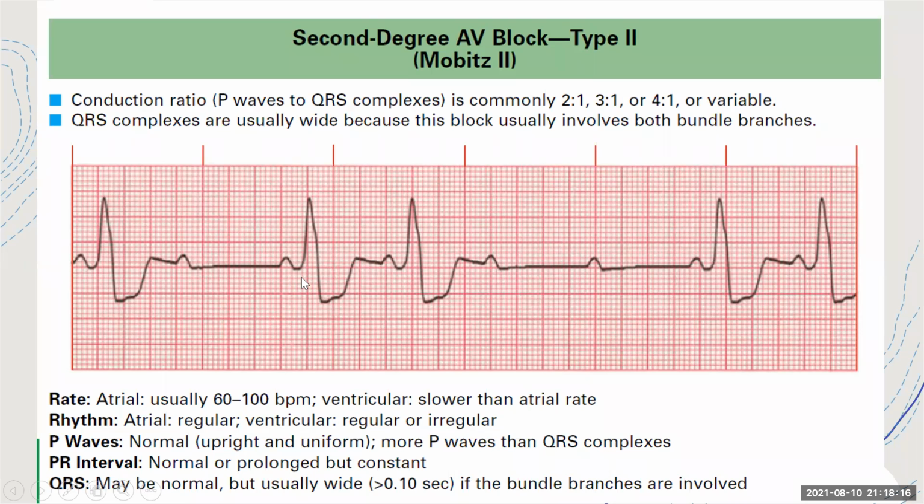Also, see this QR wave has 3 small blocks. See, this PR interval is okay. The PR interval is in between this. The R wave is going up 3 blocks. Yes, this R wave is okay. In relation to every R wave, you can see it's all okay.